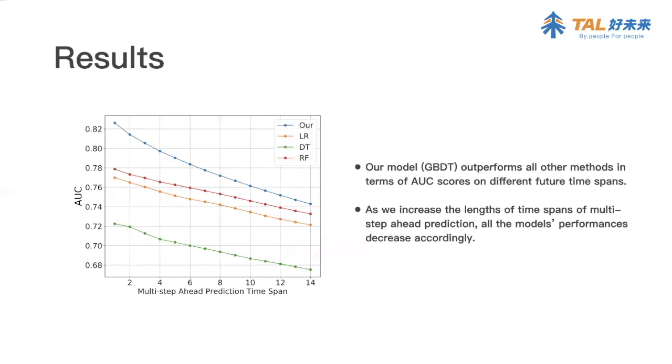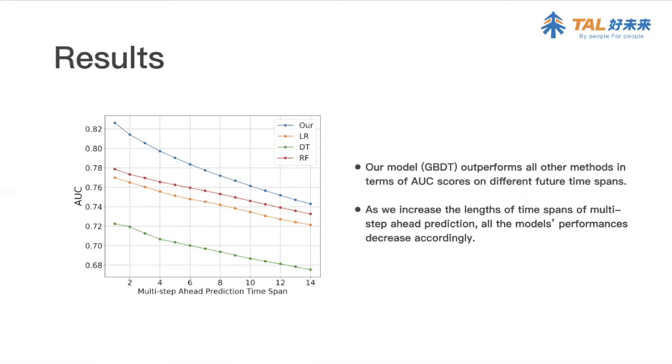To prove the effectiveness of our algorithm, we also set a few baseline models for our experiments. LR represents logistic regression, DT means decision tree, and RF stands for random forest. For our method, we use the gradient boosting decision tree as the base model. From our experiment results, we draw 2 simple conclusions.